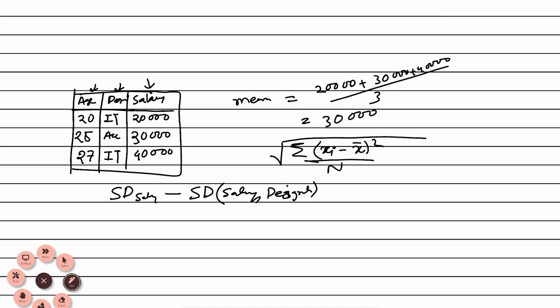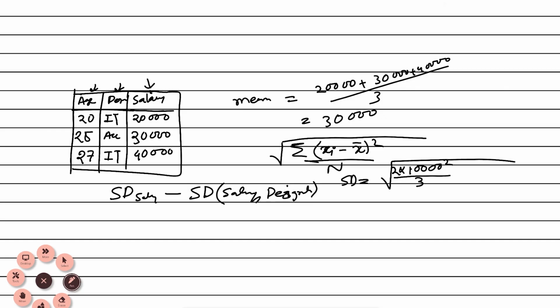So 10,000 squared and 10,000 squared. And how many observations? You have 3 observations. So the standard deviation value would be the square root of 2 into 10,000 squared divided by 3. This is the standard deviation for your salary.